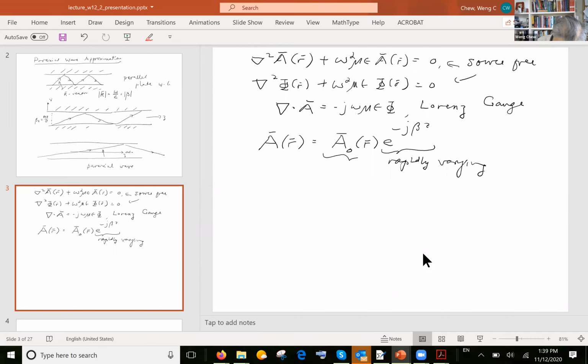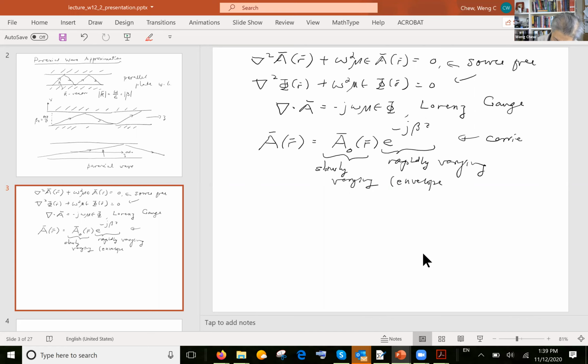This part is slowly varying. So what we can think of is that this part is almost like an envelope, whereas this part is like a carrier.